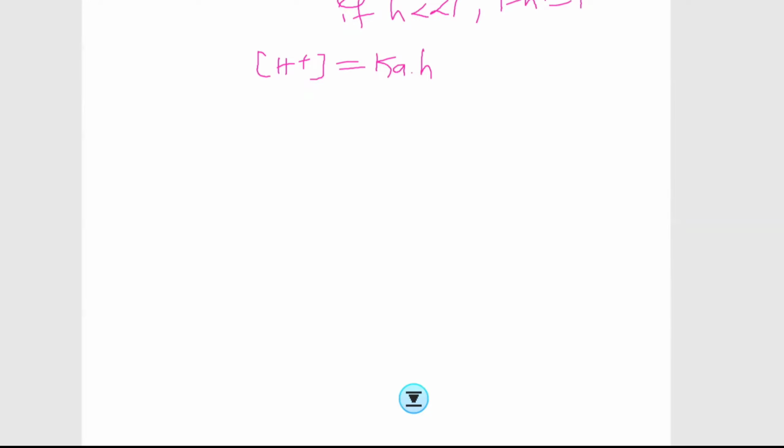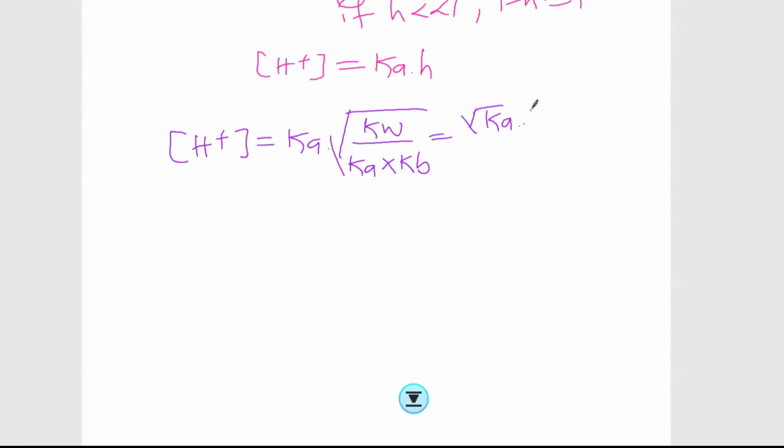So the concentration of H plus will be equal to Ka into root of Kw by Ka into Kb. If you split this, it becomes root Ka into root Kw divided by root Kb, and Ka is root Ka times root Ka, so it is root Ka whole square.